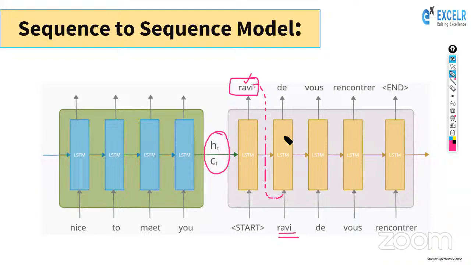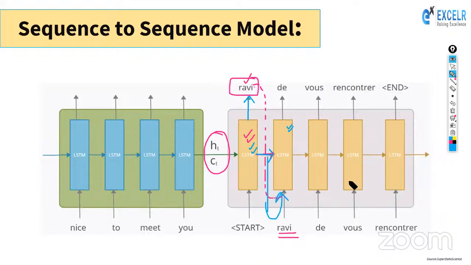And since it is an LSTM model, whatever hidden state output and cell state output is generated by this first LSTM block is the input to the second LSTM block. In short, for the second LSTM block, there will be two inputs. Actually, there are three inputs: the hidden state from the first block, the cell state from the first block, and whatever output the first LSTM block generated.